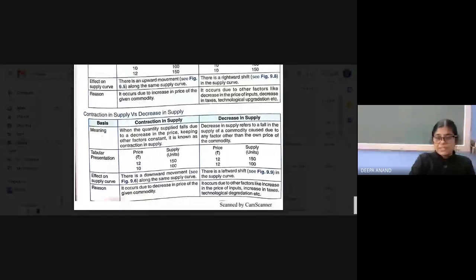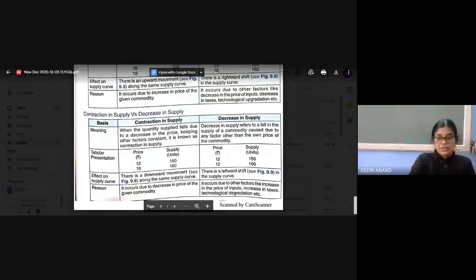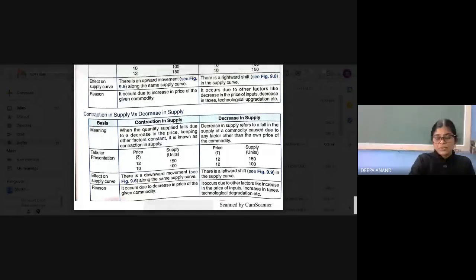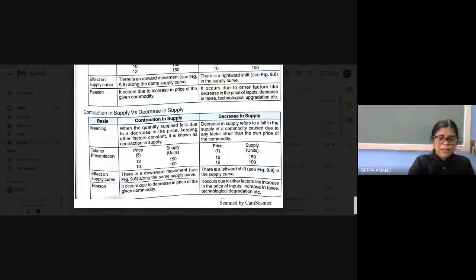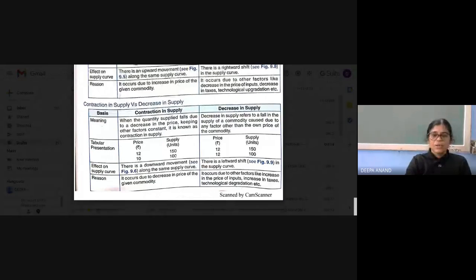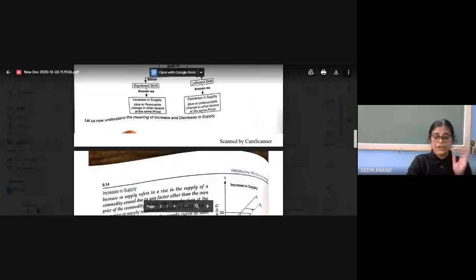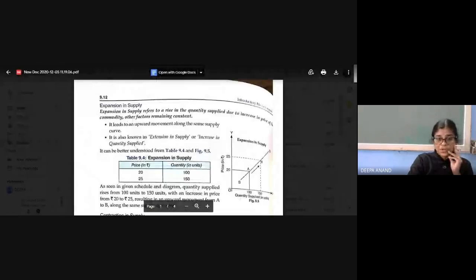Expansion kya hai likhna, uska graph banana. Contraction kya hai likhna, uska graph banana. Then shift in supply curve. If it is only shift, you have to show all the three, original and the two shifts. Then this diagram. After that, what is increase in supply?